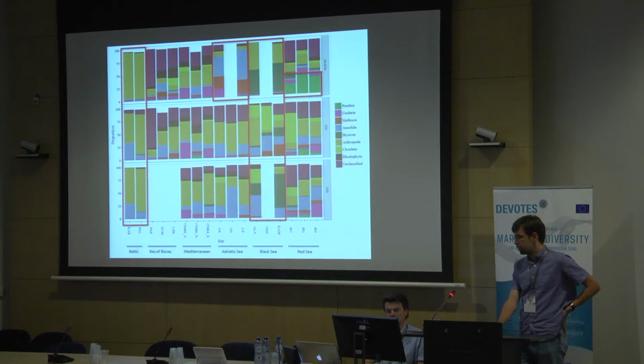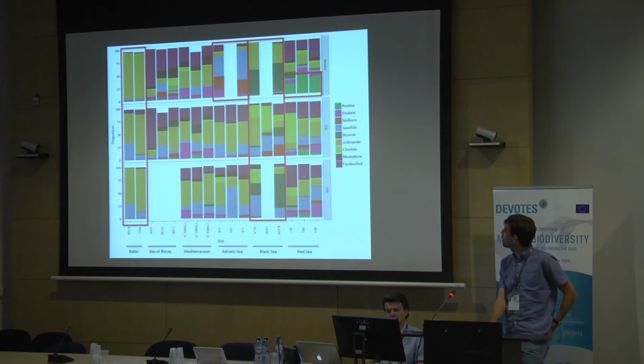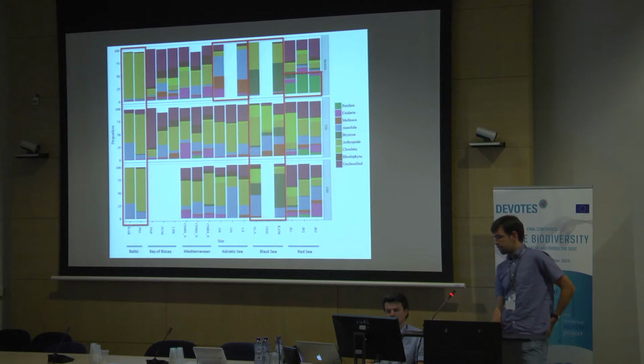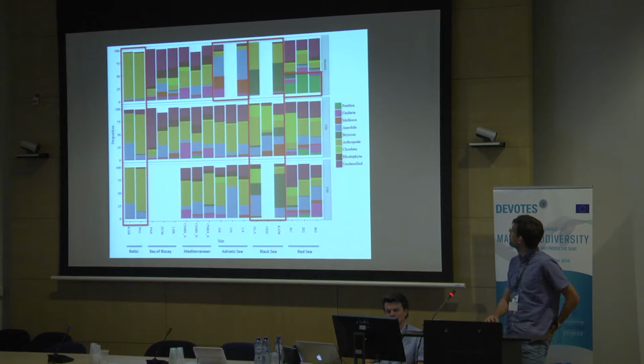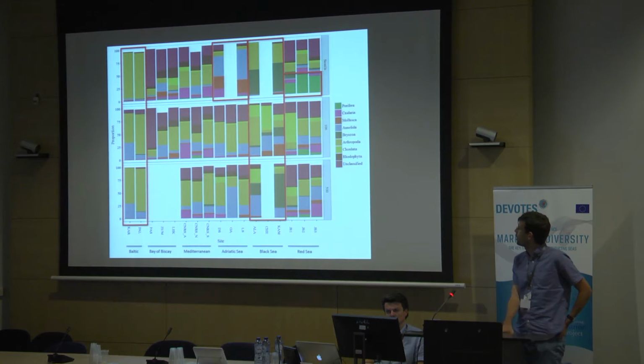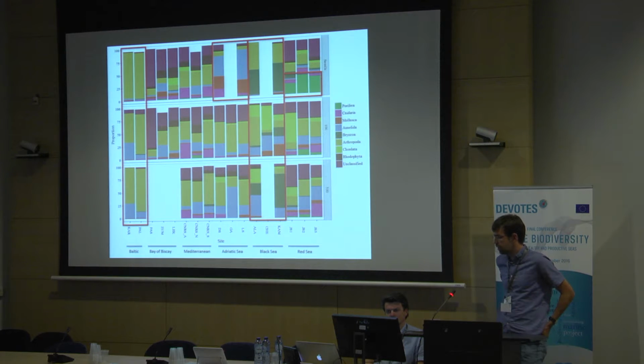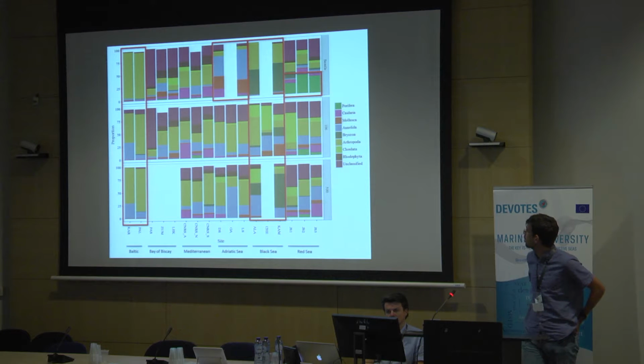But if you move on to, say, the Adriatic Sea and the sessile fraction here, you've got your annelids and your mollusks. Then the Black Sea is dominated by bryozoans, and you've got your Porifera in your sessile fraction within the Red Sea. But you can also see there's actually differences between the size fractions, as you would expect.